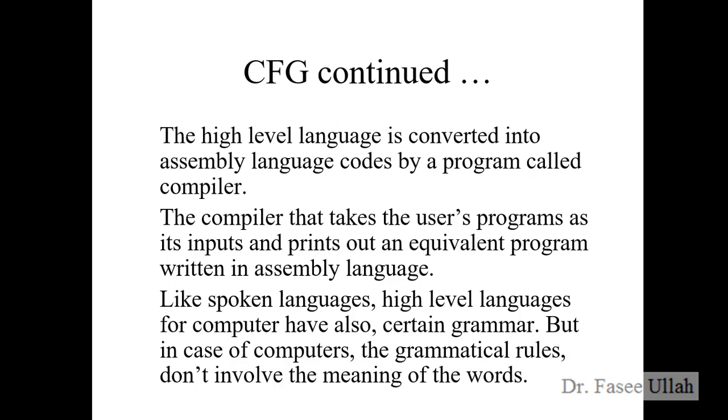The high-level language is converted into assembly language code by a program called the compiler. We already know, right? High-level languages like C, C++, Fortran, okay. So it is converted sometimes directly or indirectly to the machine language, because sometimes we need a register to be involved for such a particular calculation or expression.